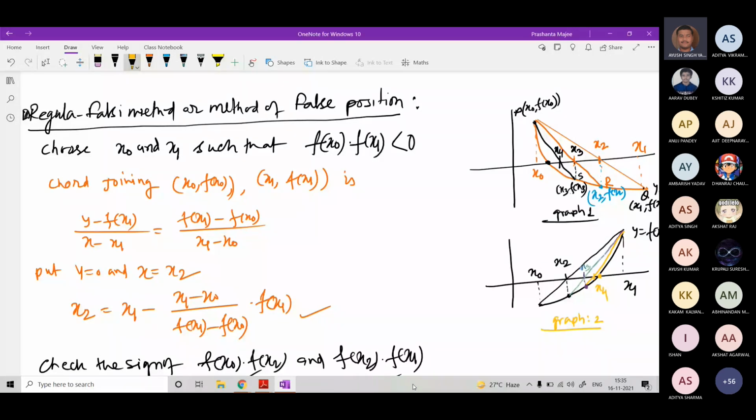And in the below picture, which point is fixed? x1 is fixed. You have to remember that, because while deriving the order of convergence, that scenario will be used. In the regula falsi method, one of the initial endpoints is always fixed, while we check in which subinterval the root is lying. So this is the regula falsi method.